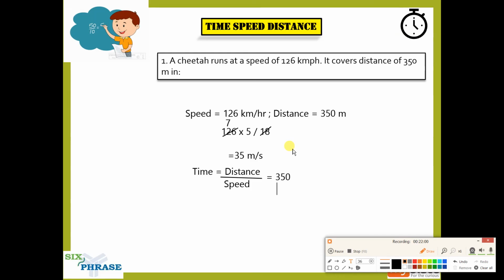What is the distance, guys? It is 350 meters, divided by the speed, which is 35 meters per second. This is meters per second, so your answer is going to be in seconds. So this answer is 10 seconds.